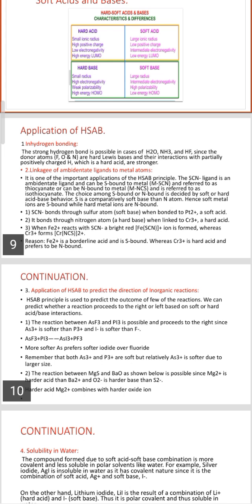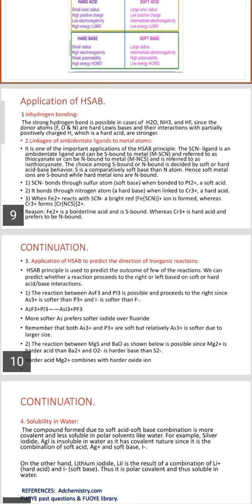Hence, soft metal ions are bound to sulfur, while hard metal ions are bound with nitrogen. If you want to decide whether the central metal binds to sulfur or to nitrogen, the best way to determine this is HSAB.